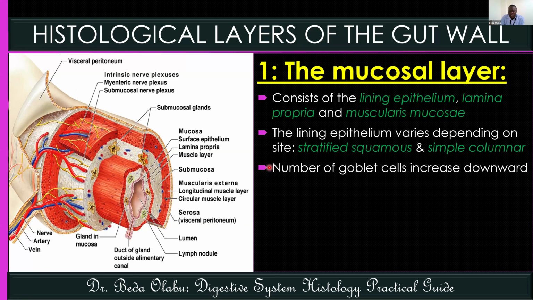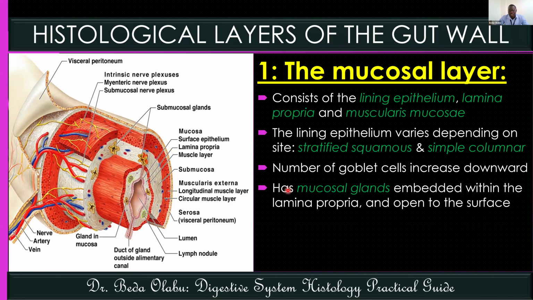I particularly use this concept to distinguish between the large bowel and the small bowel. Large bowel will have a lot of goblet cells, and small bowel will have few goblet cells. It's an important parameter to use. Okay.